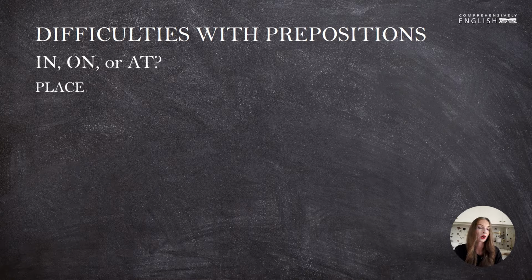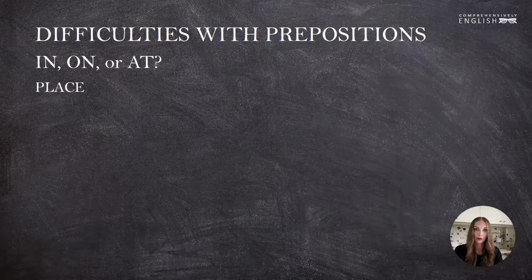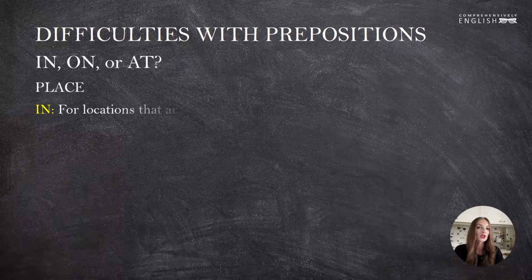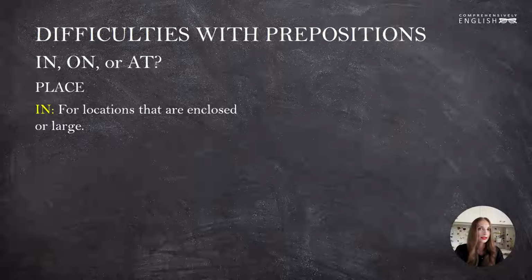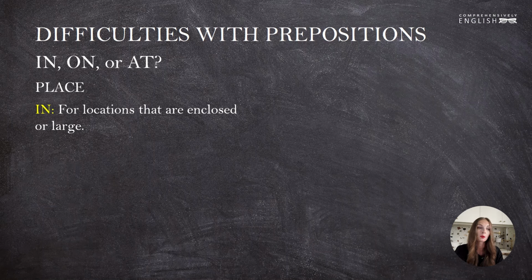When in, on, and at are the prepositions of place, we use in for locations that are enclosed or large, like a country, a city, a town, a house, a room. These are all big or large places. We use on with surfaces, vertical and horizontal.